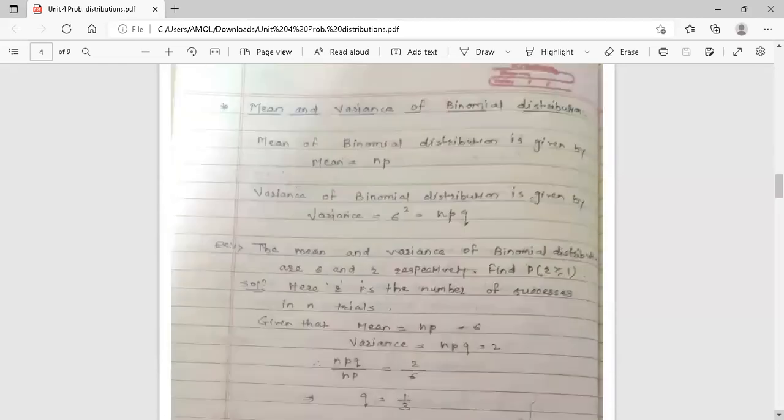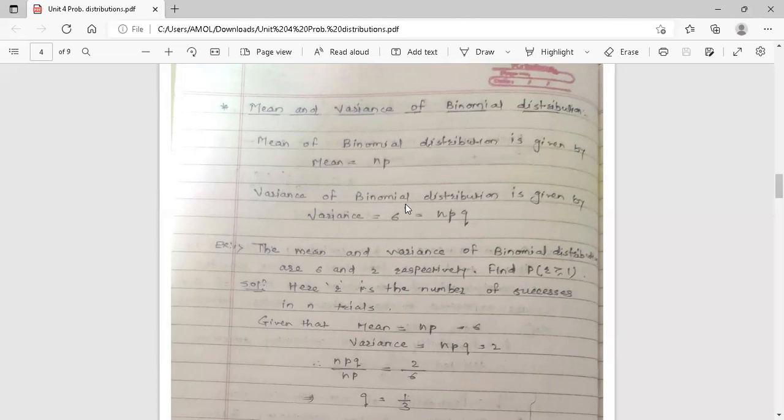Now the next topic is mean and variance of binomial distribution. What is the formula of mean of binomial distribution? It is given by mean is equal to n into p. N is number of trials and p is probability of success. So the formula is n into p.